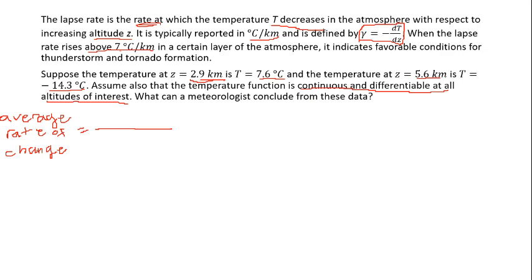So it's the ending temperature, negative 14.3, minus the starting temperature, 7.6, divided by the ending altitude, 5.6, minus the starting altitude, 2.9. And we get negative 8.1.